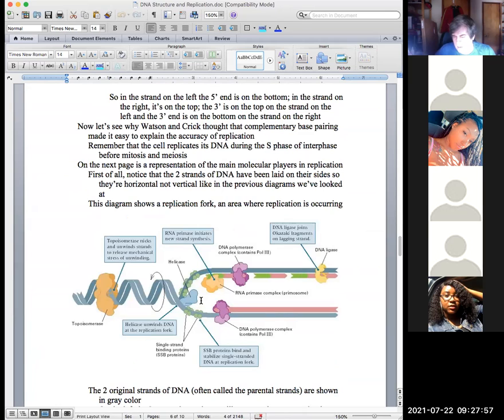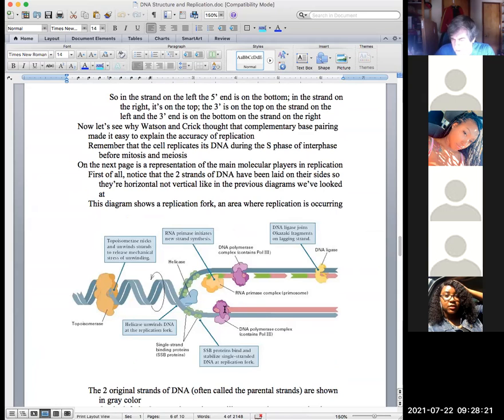Now, remember what I said, that when we think of DNA or RNA, we're always going to think of going from the 5' end to the 3' end. So we said the two strands are different in the sense that the 5' end on one matches up with the 3' end on the other.